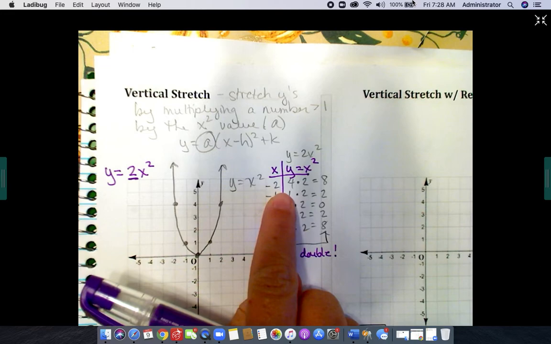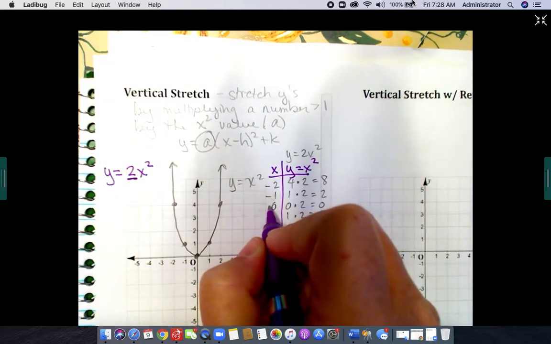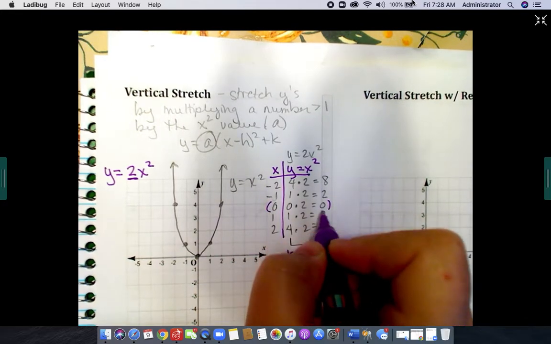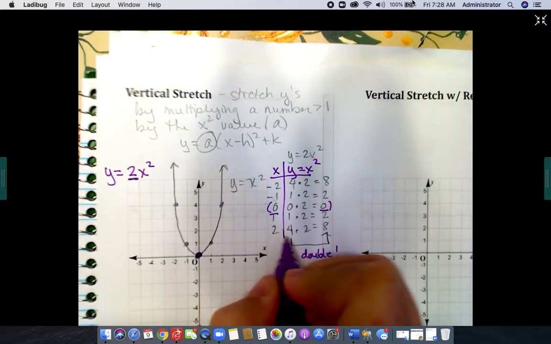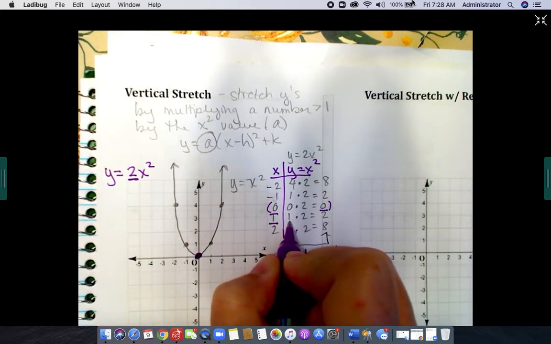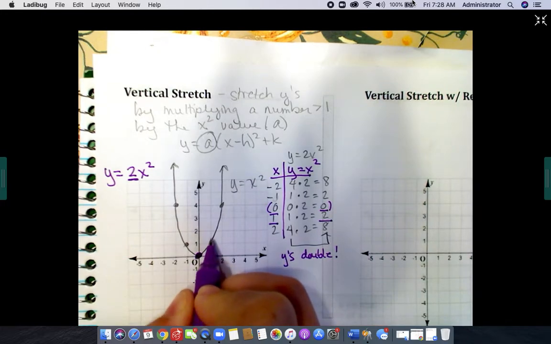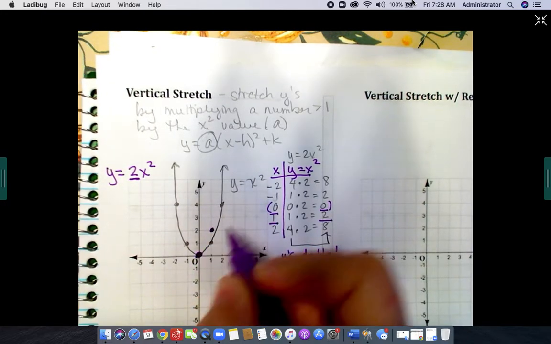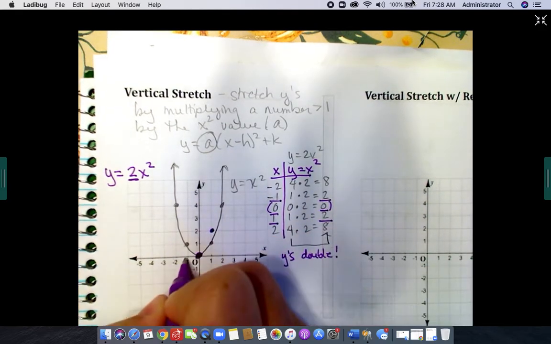It means that now, think about our origin, our vertex rather, we still have the point 0, 0. But now, instead of going out 1, up 1, I'm going to go out 1, up 2. Same for negative 1. Left 1, up 2.